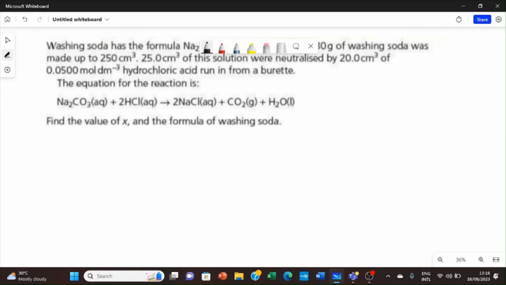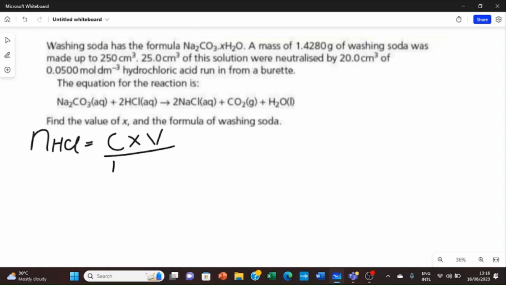So the first thing we have to do, based on the values given, is to calculate the number of moles of hydrochloric acid. Use the formula: number of moles of hydrochloric acid equals concentration of hydrochloric acid times the volume of hydrochloric acid over 1000. We divide by 1000 because the volume is in cm3.